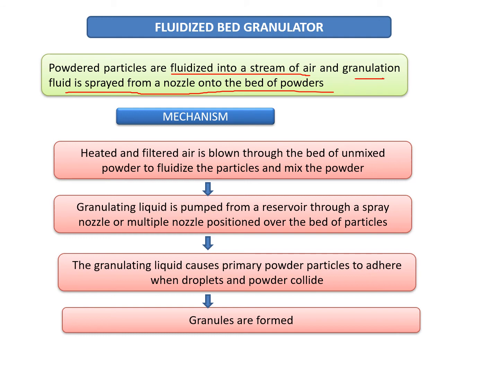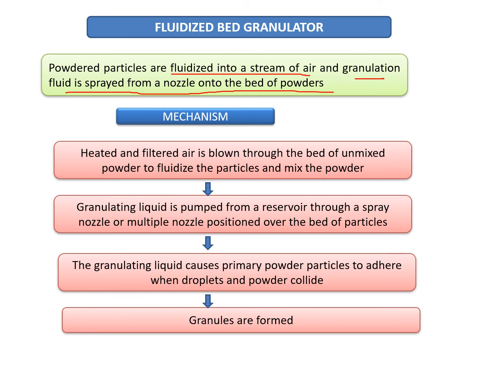By using a high stream of air, particles are fluidized. I mean, particles are in moving activity. They are in the air, in fluidized form, and the liquid or the binder solution is sprayed from the nozzle onto these fluidized particles. Therefore, it is called a fluidized bed granulator.